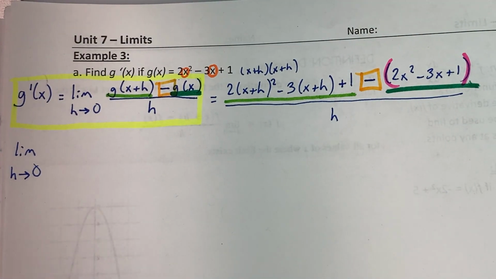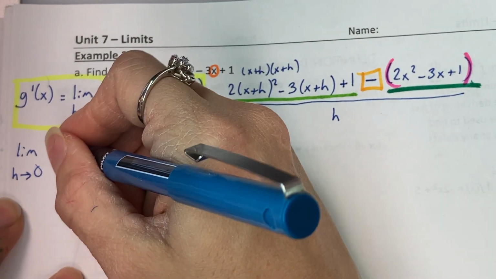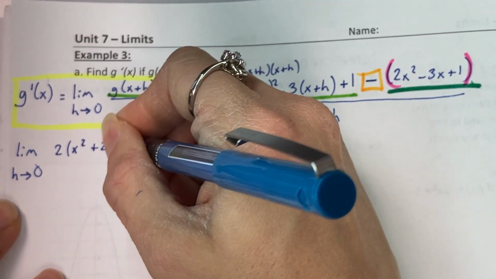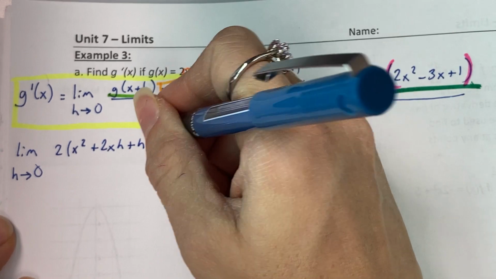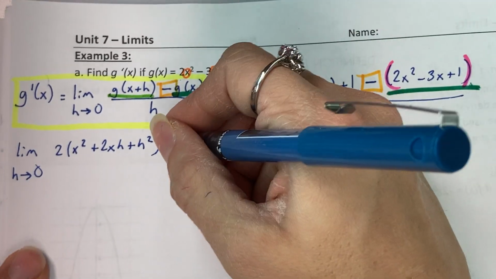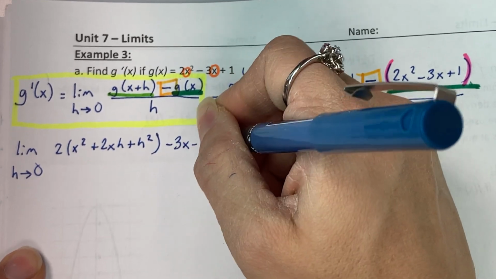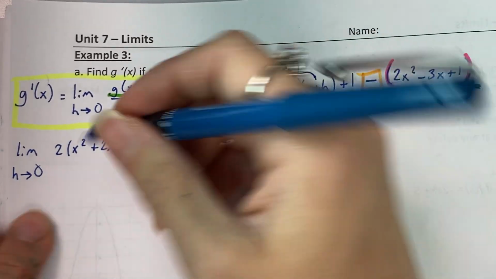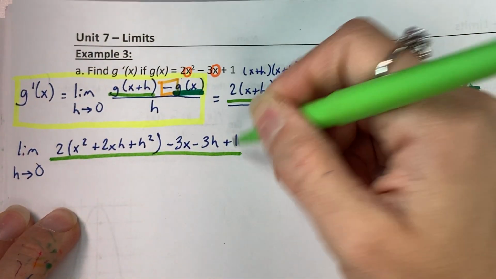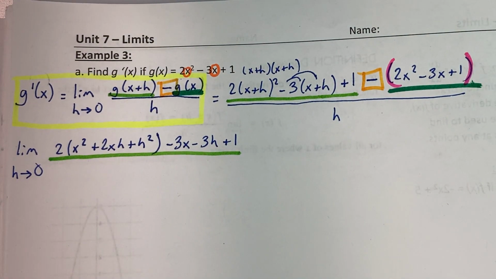So the limit as h approaches 0 of 2 times that FOILed stuff would be x squared plus 2xh plus h squared. And then distributing that negative 3 to the x and to the h, negative 3x minus 3h plus 1. So that gives me a more simplified version of g of x plus h.